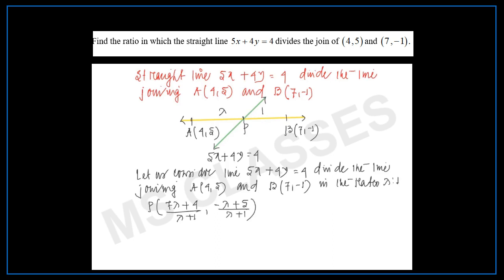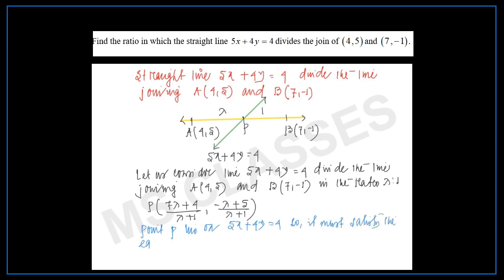And the point P is lying on the straight line, this one. So point P lies on 5x plus 4y equal to 4. So it must satisfy the equation.